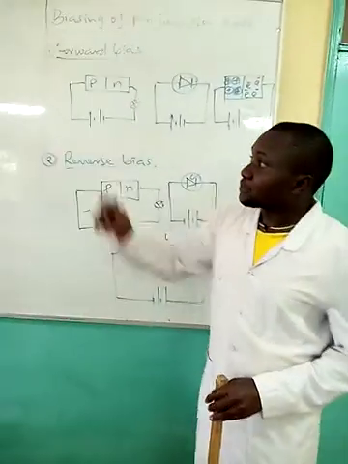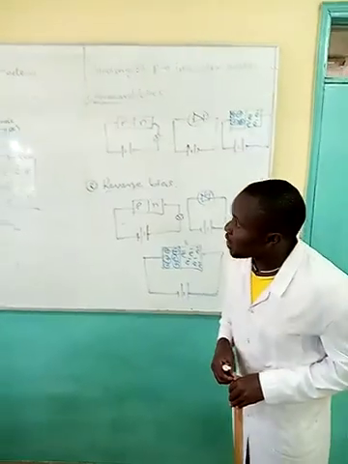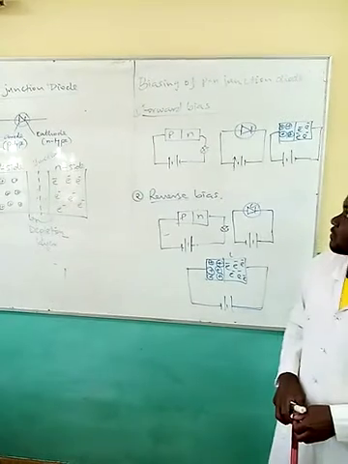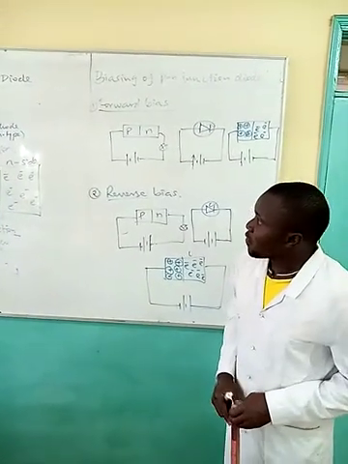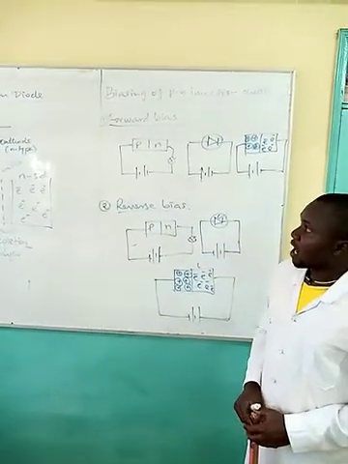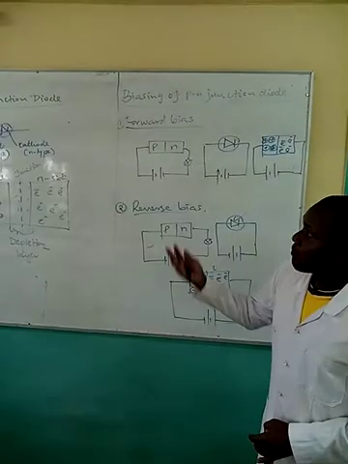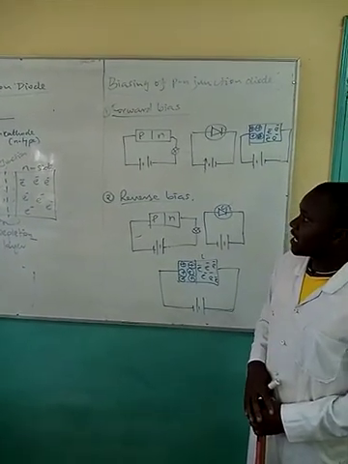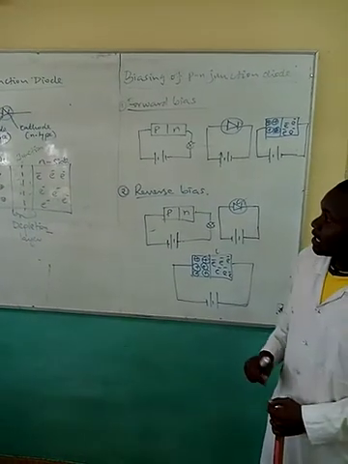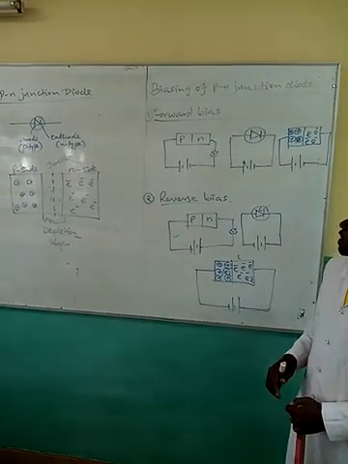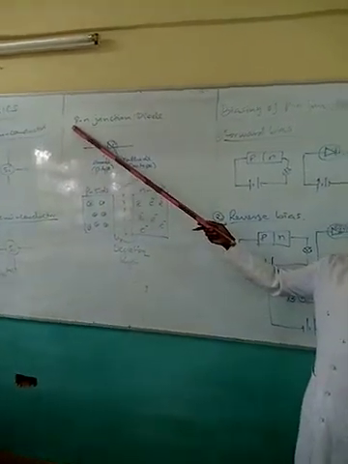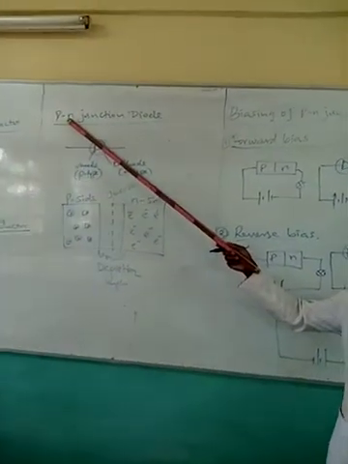So basically, we are supposed to know how to represent in circuit symbol the forward biasing and reverse biasing. We should also know what we mean by P-type and N-type, distinguishing between the two, and finally how to present them symbolically. Now, for this PN junction, normally P simply means positive and N means negative.